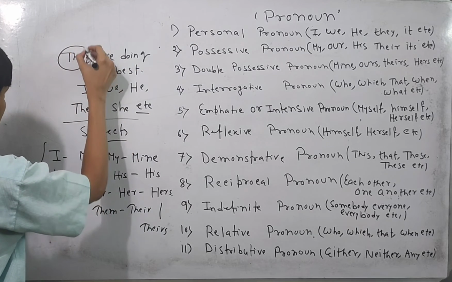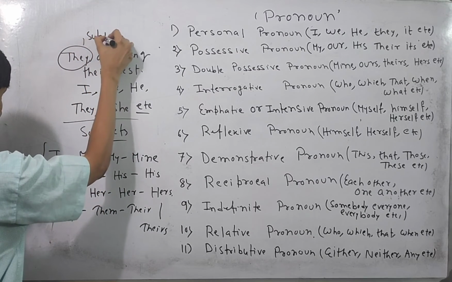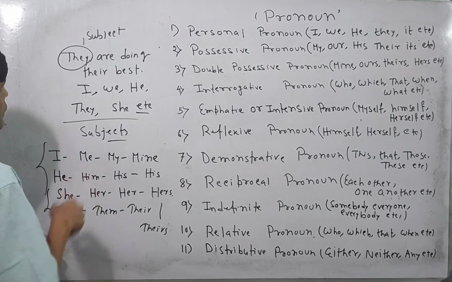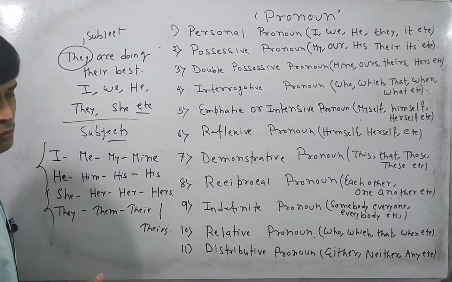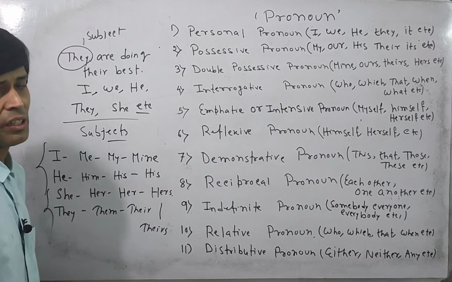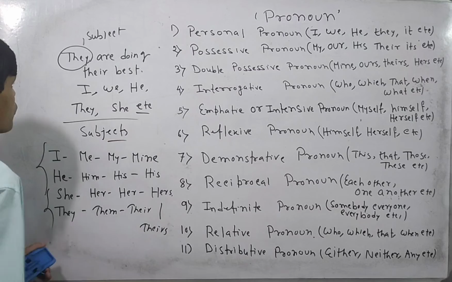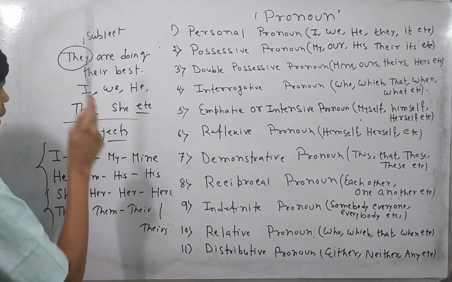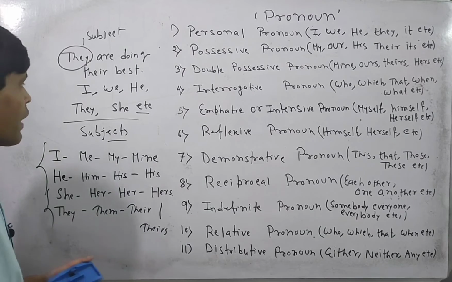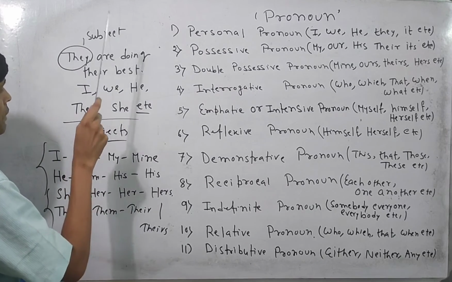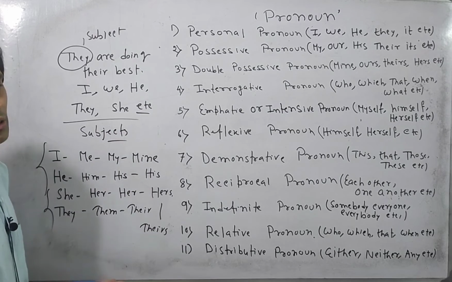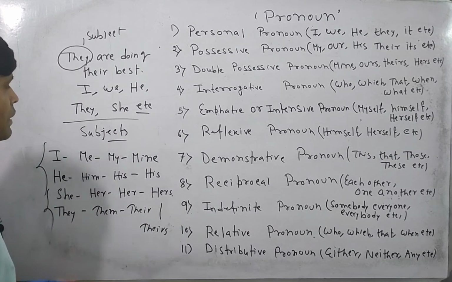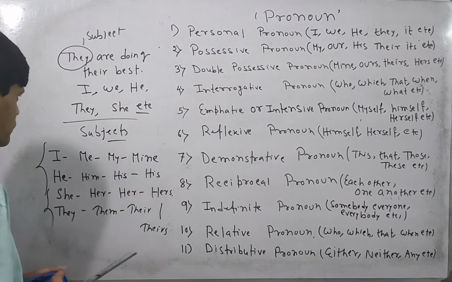Here they is generally a personal pronoun and it is functioning as subject. In this sentence, it is an assertive sentence or statement and they is the subject, and the rest is a part of the predicate. It completes the sentence.